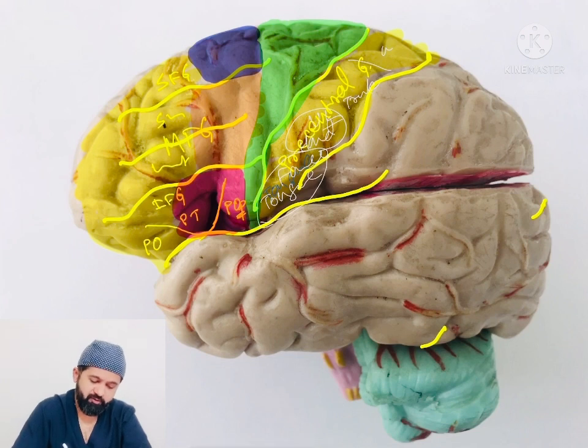Posterior to the central sulcus lies the parietal lobe. As we have a precentral sulcus, we also have a postcentral sulcus. So posteriorly we have a postcentral sulcus.